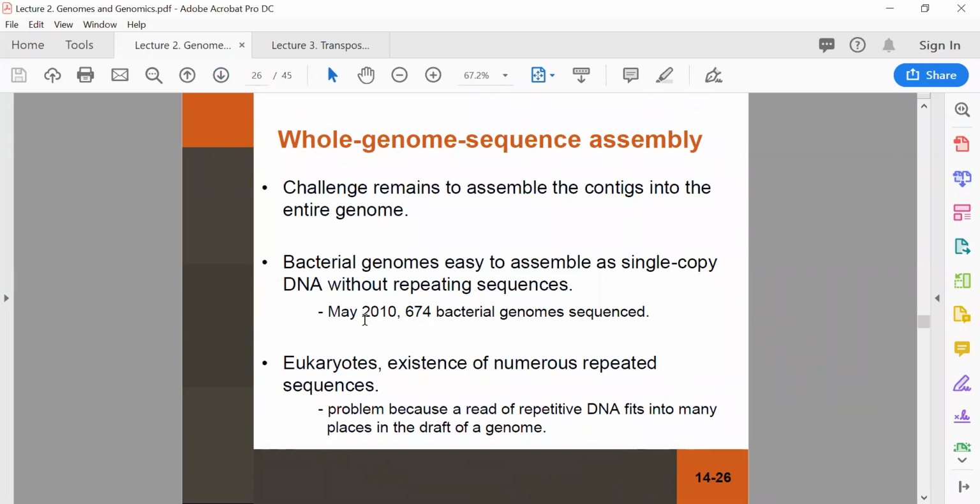And for that reason, as of May 2010, over 600 bacterial genomes had been sequenced. Now, with eukaryotes, as we just said, there are numerous repeated sequences in eukaryotic genomes. And as you know, it's still unknown why there's so much repetitive DNA in the genome. So that's a big stumbling block in whole genome assembly of eukaryotic sequences.